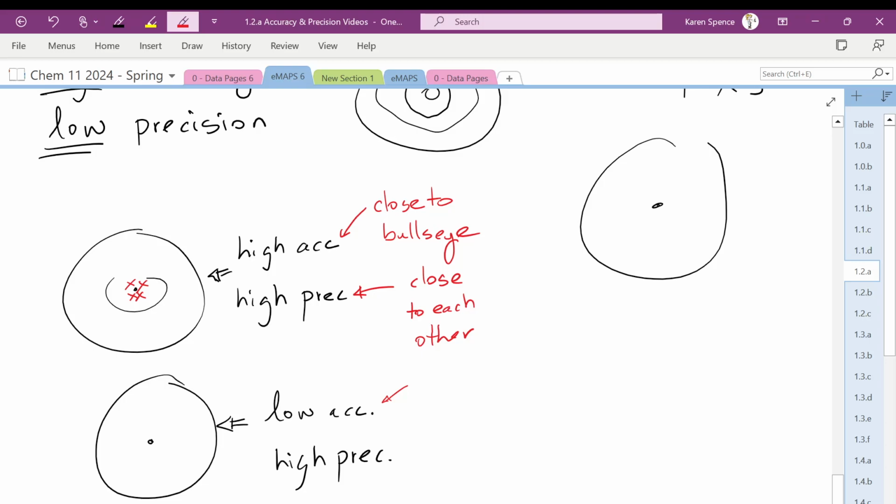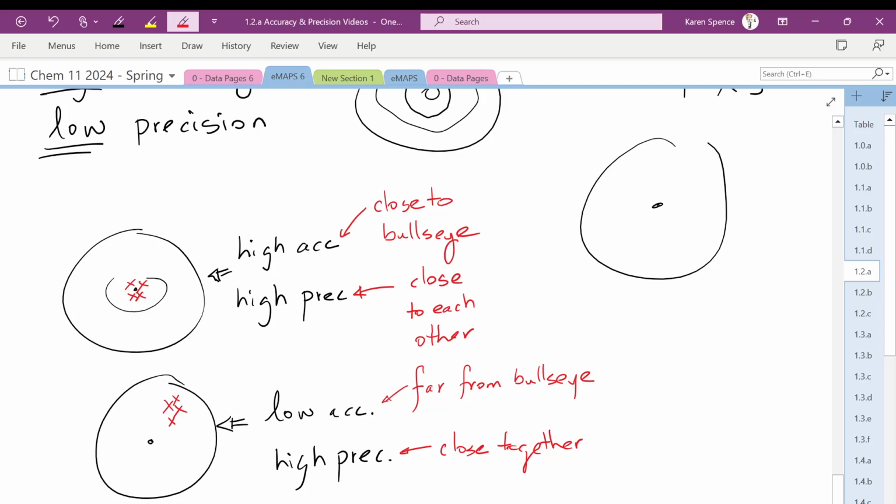If they're low accuracy, what can we say about them? They are far from what? The bullseye. But if they are high precision, what are they? They are close together. So could I put them up here? Would that be okay?